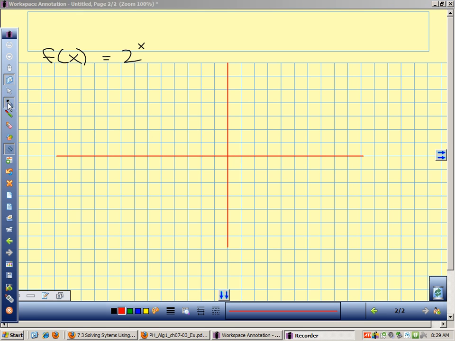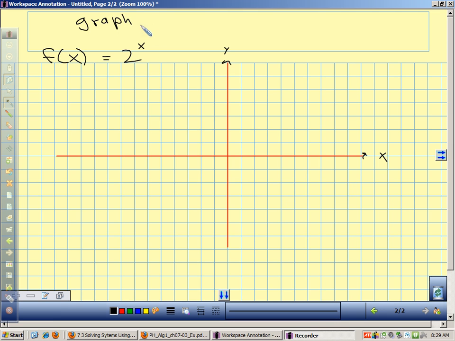There's my x-axis. And we know that all exponential functions go through the point 0, 1, so we have a point here. We know our graph is going to go through that point. And we'll just calculate some additional points.